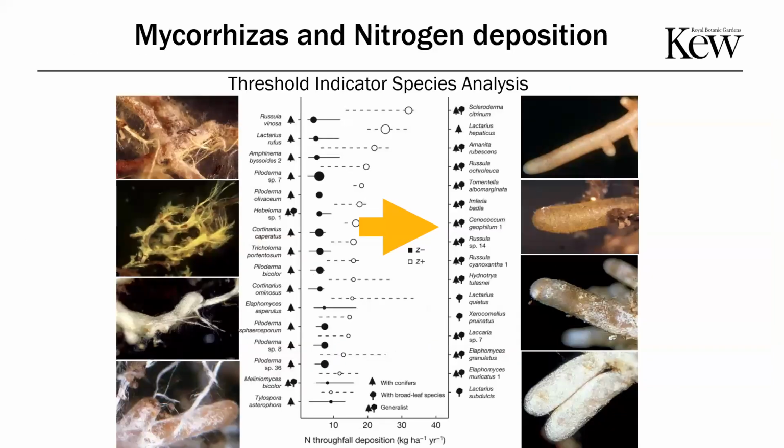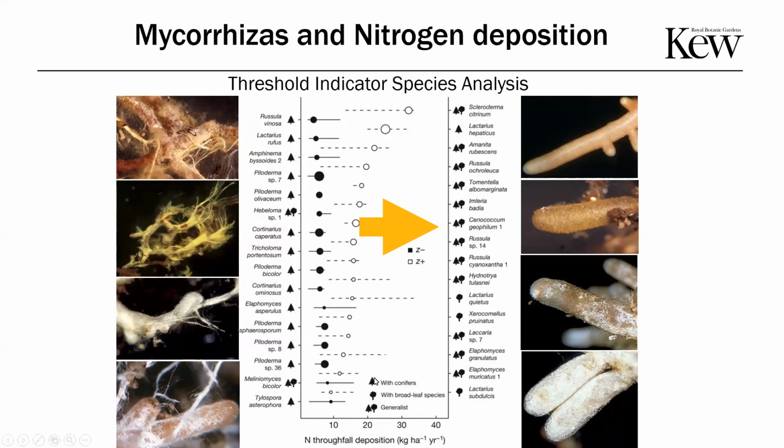And this is important because we have seen that fungi showing different functional traits respond differently to nitrogen deposition. Here, this is the result of a threshold indicator species analysis. On the left, these are photos of the roots of ectomycorrhizas of fungi that decrease along the nitrogen deposition gradient, and on the right, you can see the fungi that tend to increase.